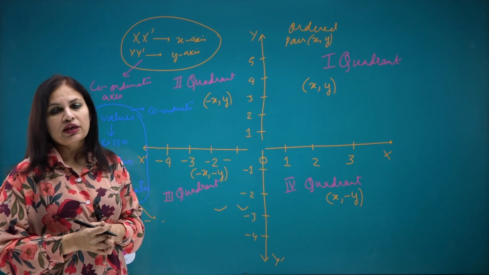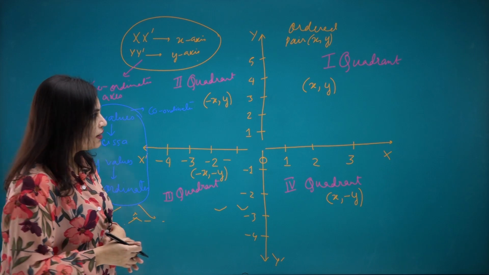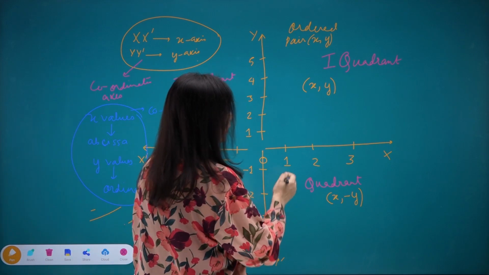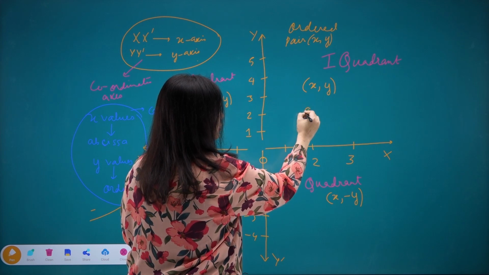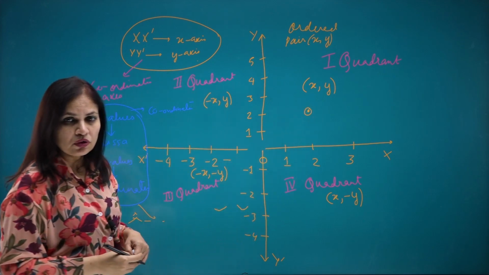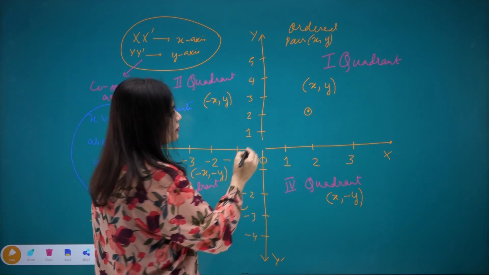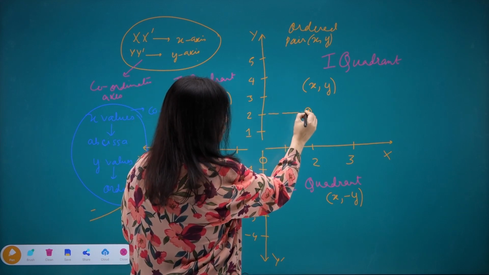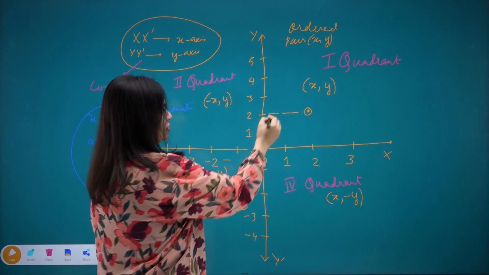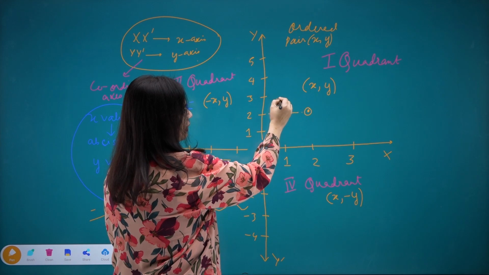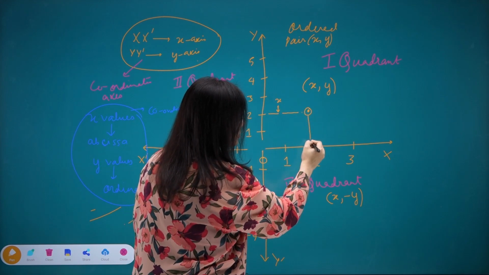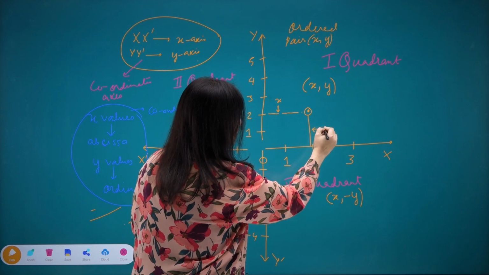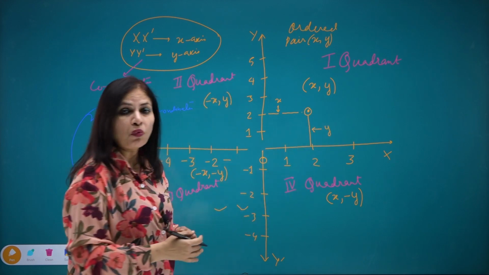Next comes the location of a point. Suppose I choose a point here and I have to locate it, then the horizontal distance will give me the value of x, and the vertical distance will give me the value of y.